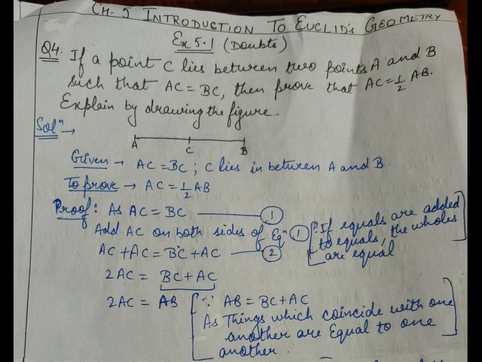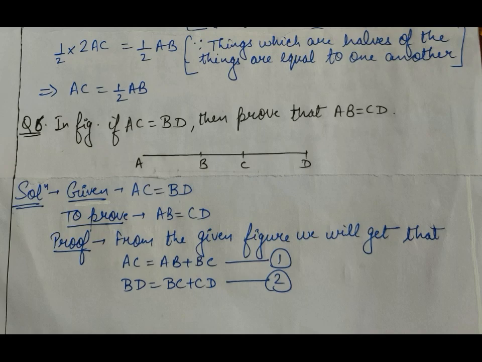This also we can write from one of the axioms, that things which coincide with one another are equal to one another. Now, if in this equation we multiply both sides by half, then we'll get AC is equal to half of AB. This is again by the axiom that things which are halves of the same things are equal to one another.